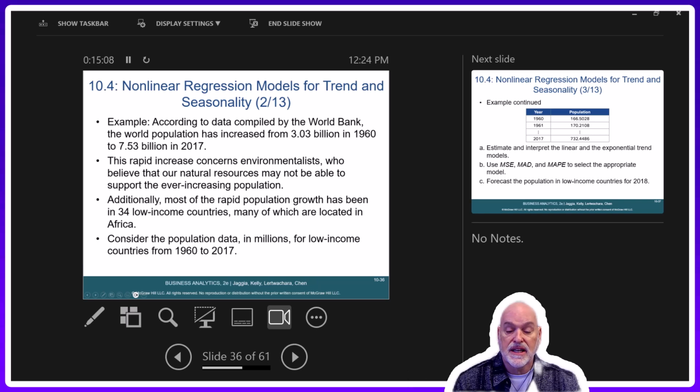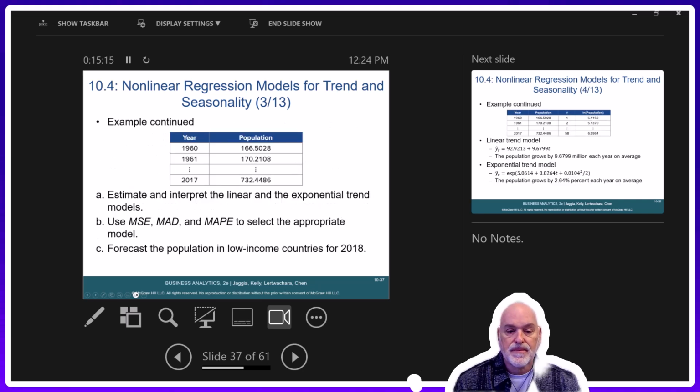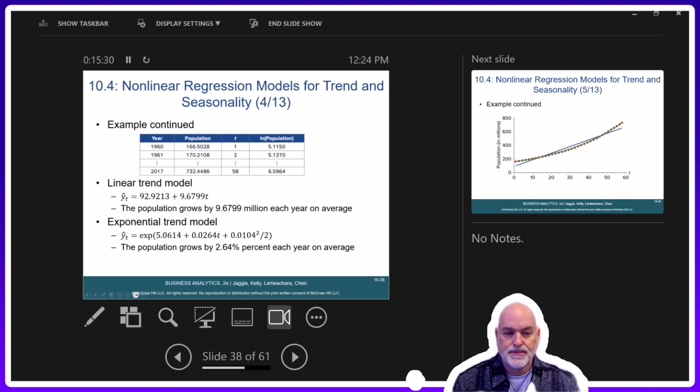Consider the population data in millions for low-income countries from 1960 to 2017. Here is the chart. Estimate and interpret the linear and the exponential trend models. Use MSE, MAD, and MAPE to select the appropriate model. Forecast the population in low-income countries for the following year, which would be 2018.